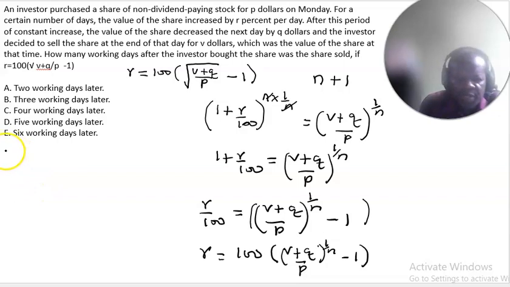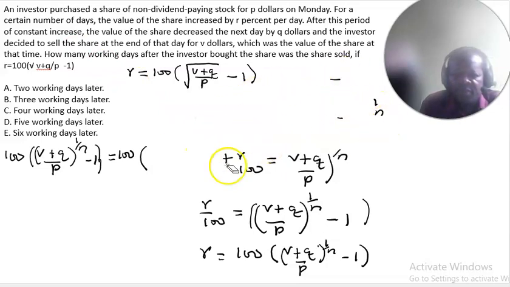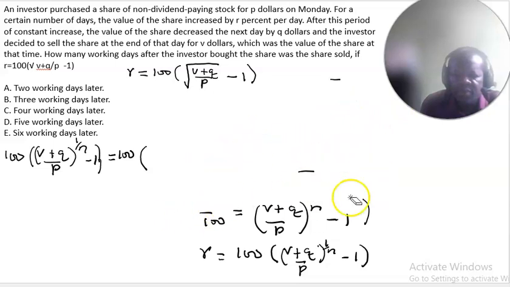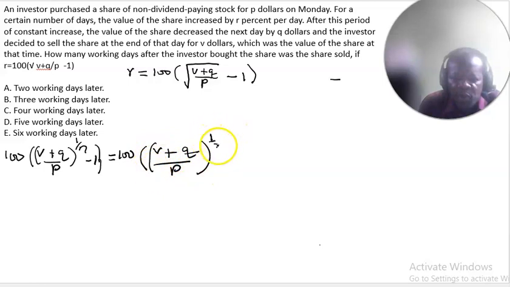So that means 100 times V plus Q over P, everything here raised to 1 over n, minus 1, equals 100 times V plus Q over P raised to 1 over 2, minus 1.